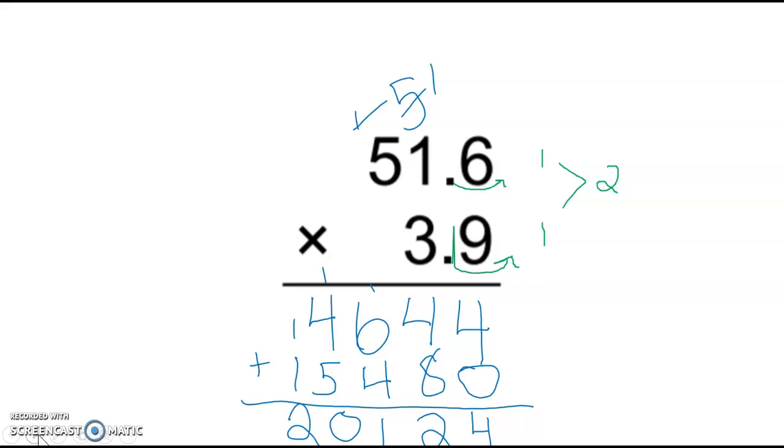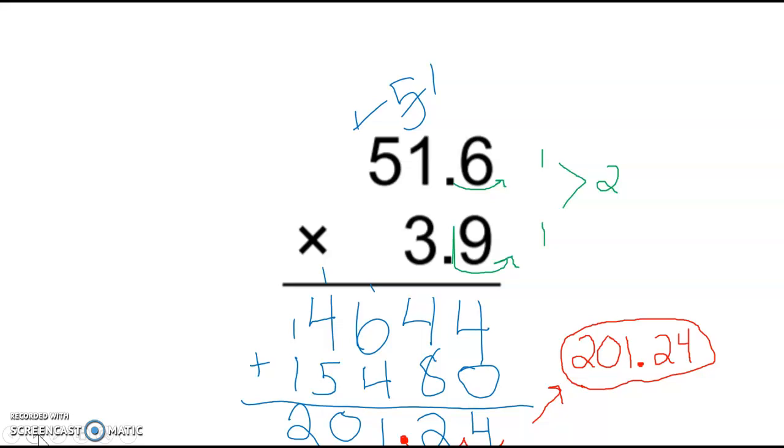I need to now go back to my answer and scoop those 2 places from the back end of this number, so at the 4, and I'm going to scoop to the left twice to see my new reasonable answer. I know it's a little cut off there, but I did scoop it twice to the left, and I got an answer of 201 and 24/100ths.